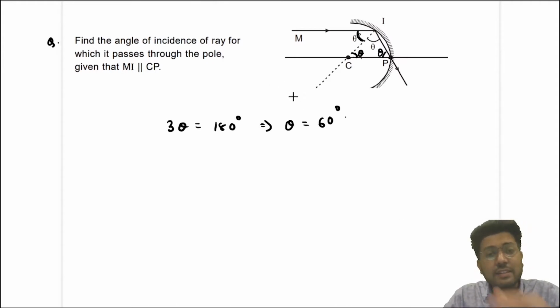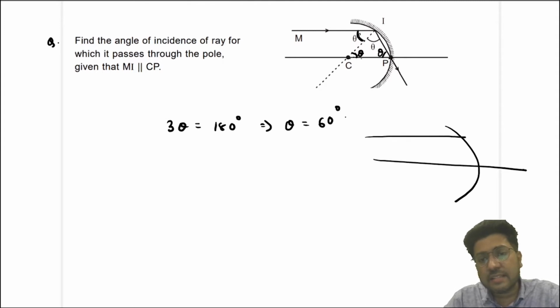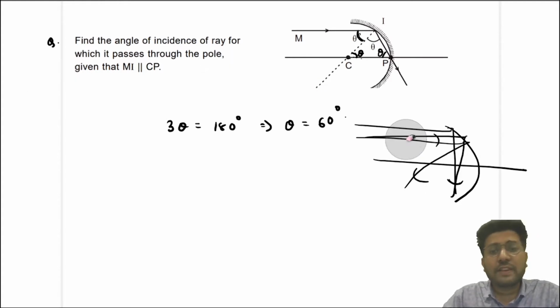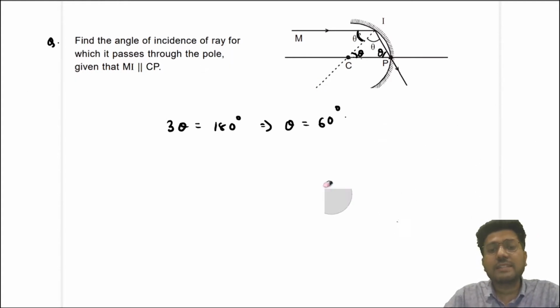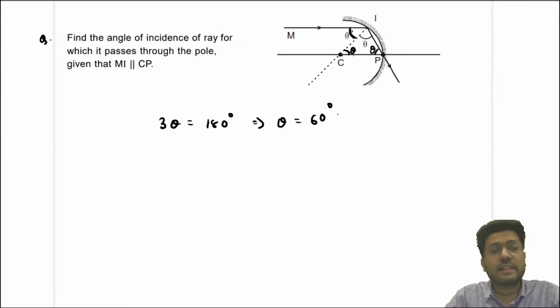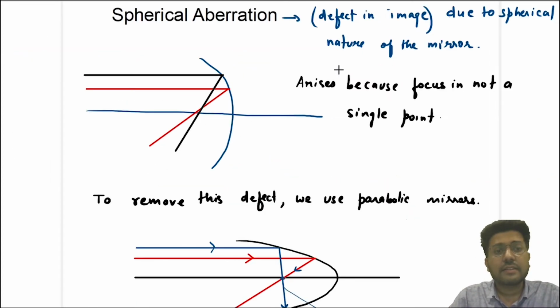If the ray is not paraxial, that is if theta is not equal to 0 degree, then for different rays, light will pass through different points. So there will be no fixed value of focus. But if the rays are paraxial, focus is nearly constant, and that is equal to r by 2.